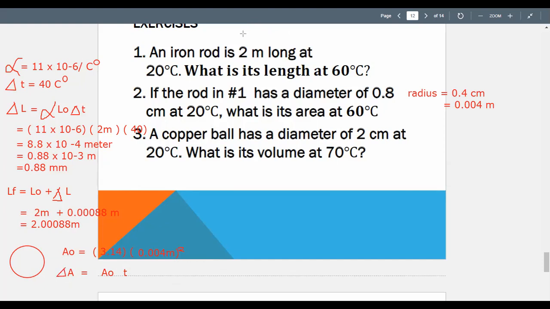And you have your beta symbol after this. So beta is our coefficient of area expansion. You can also just use the letter B. Let's just use the symbol beta.